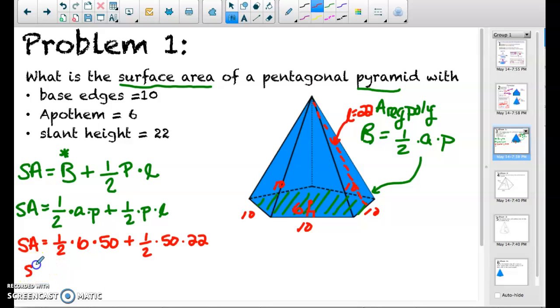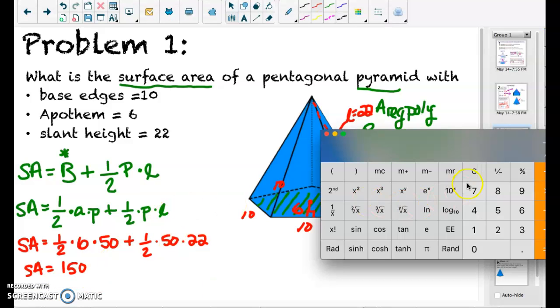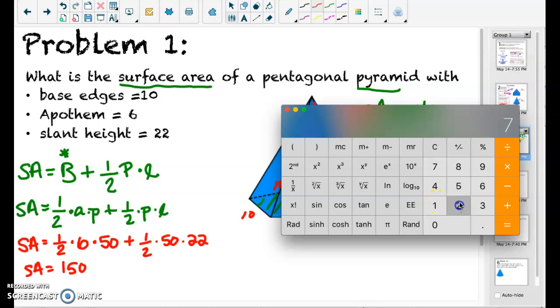So we will have surface area is equal to 1/2 of 6 is 3 times 50 gives us 150. And then we've got 1/2 of 50 is 25. Let me pull up my calculator here. And 25 times 22 gives us 550.